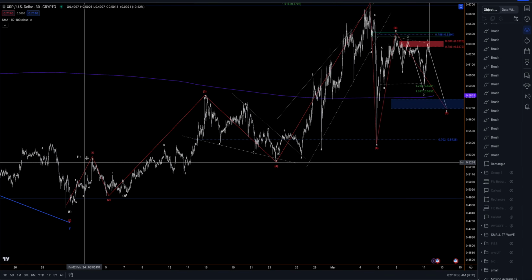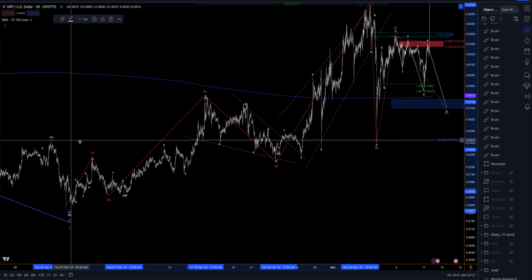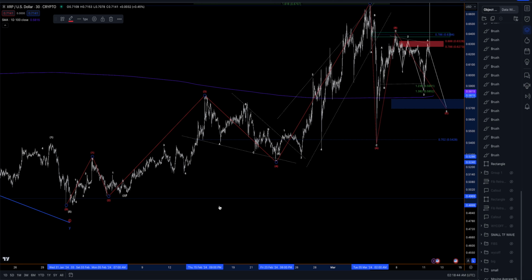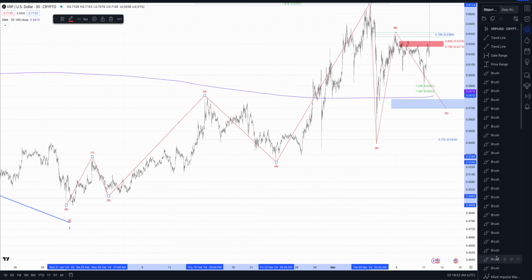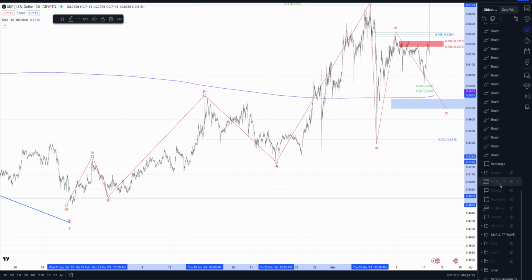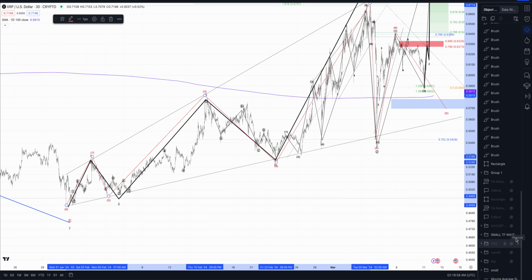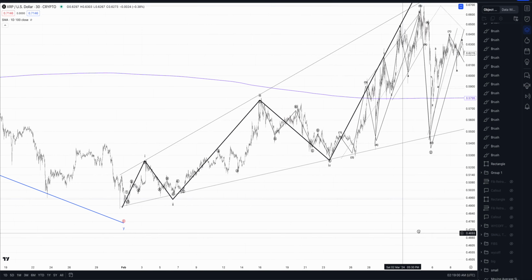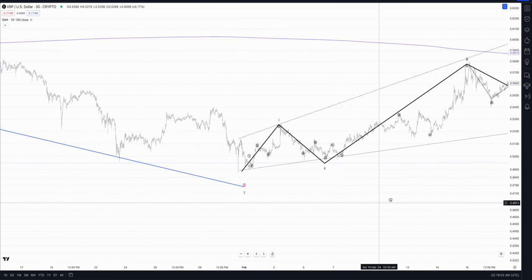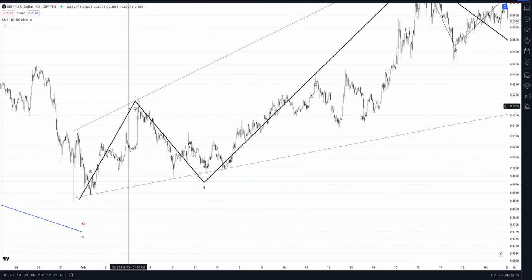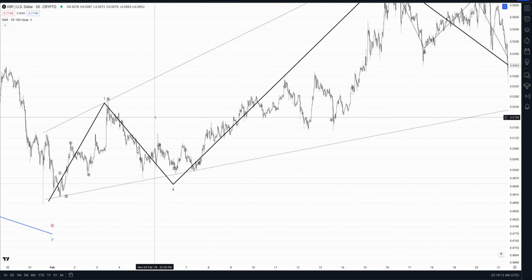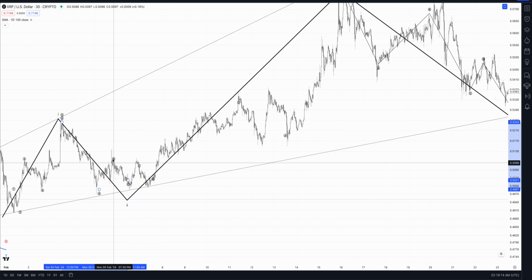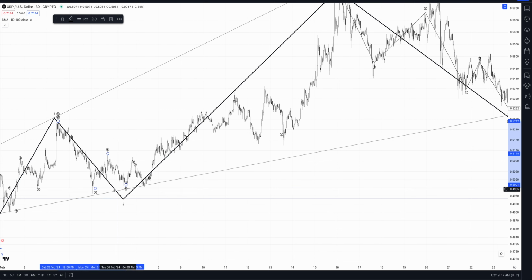Okay, so you have a 5-wave move up for your wave 1. You then have a 3-wave move down for your wave 2. And let's just change the color of this. And let's take a look at what I had drawn here originally. Okay, so you had a 5-wave move up for your wave 1. Okay, you have an ABC correction for your wave 2 right here.